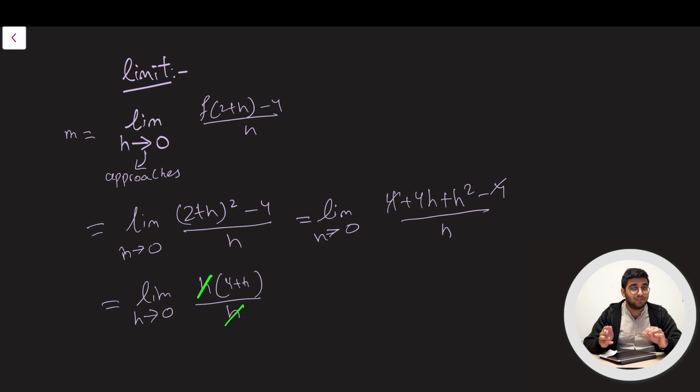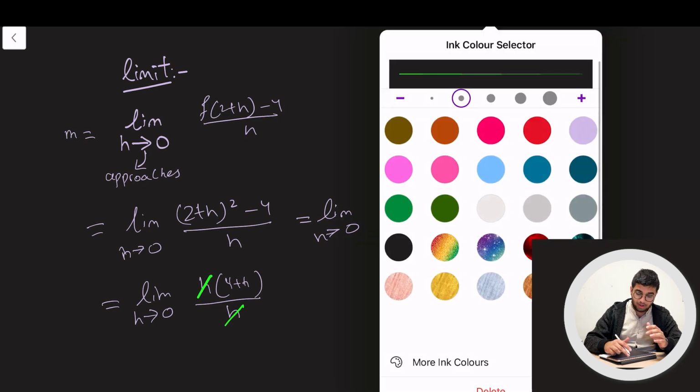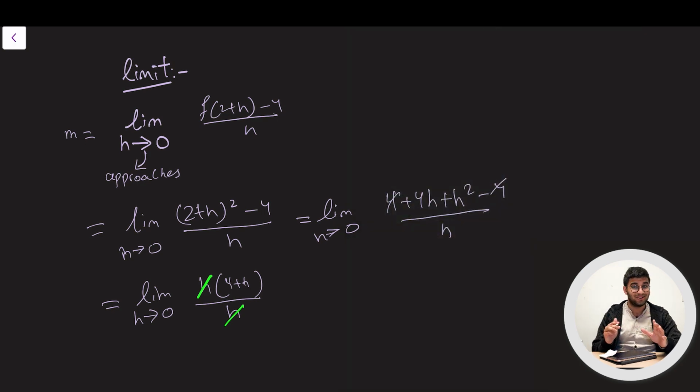We are doing the same division, except now we can do it because we are saying that h is not actually 0, remember? h is approaching 0, remember? It's not actually at 0. That's the best part. h is not 0. Like we said, it's approaching 0. It's not quite there yet, okay?